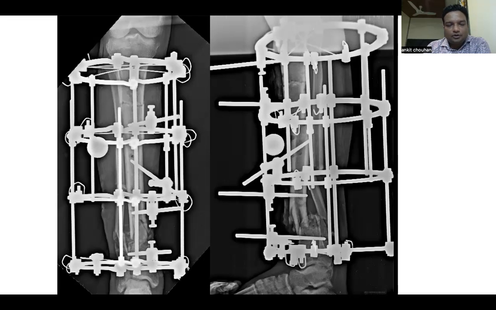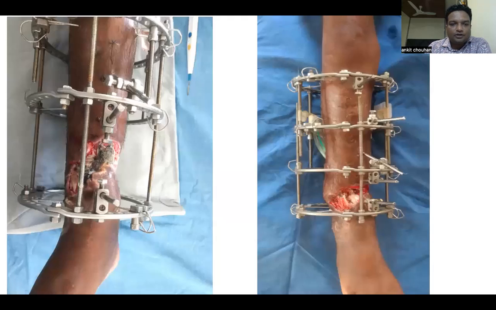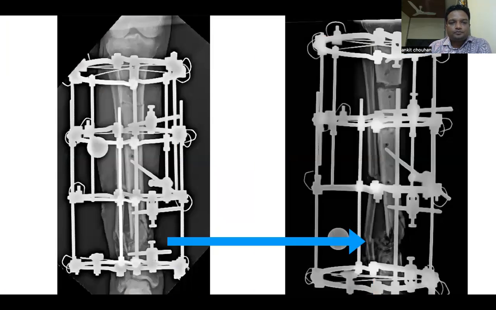And the aim was acute docking at the distal site and proximal distraction to gain limb length. But with even 3 centimeters of acute docking, there was a complication with the wound because of compromise in the vascularity, which needed debridement and distracting out the docking site. So from acute docking, the docking site was again distracted out.